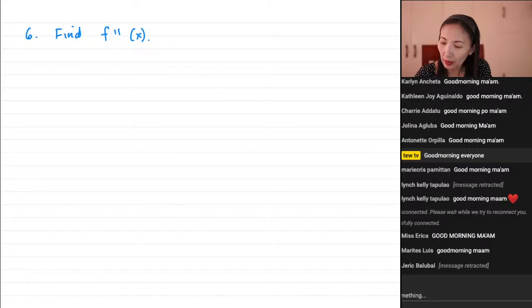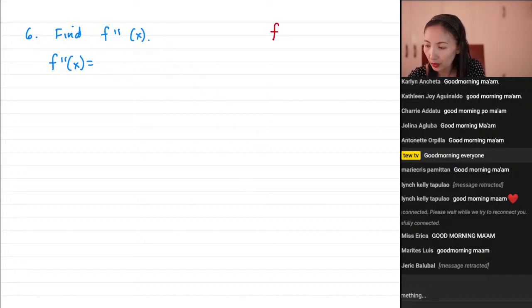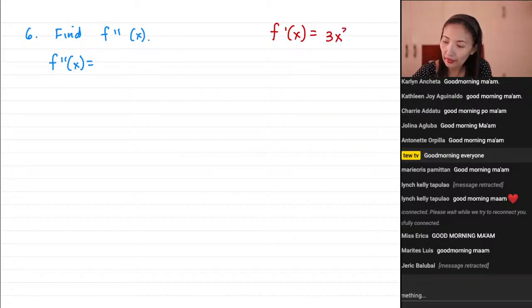So f double prime of x is the derivative of our f prime of x, which equals 3x squared minus 3. So f double prime of x is 6x. Equate this to 0. The second derivative is 0 at x equal to 0.